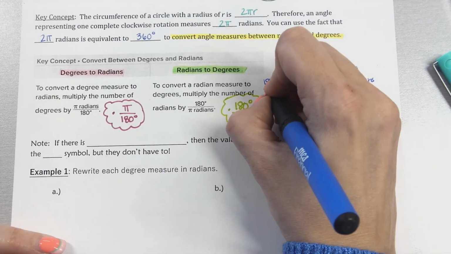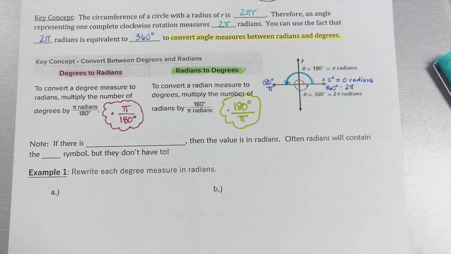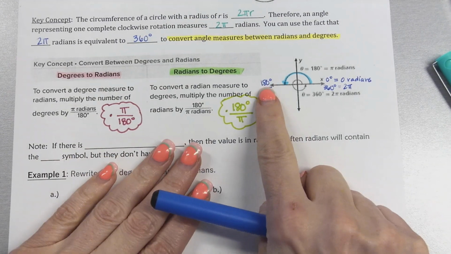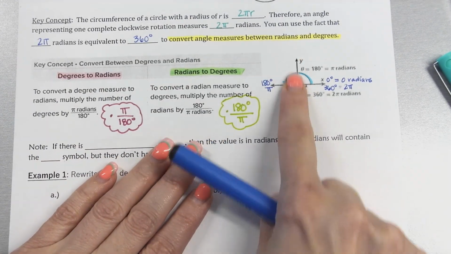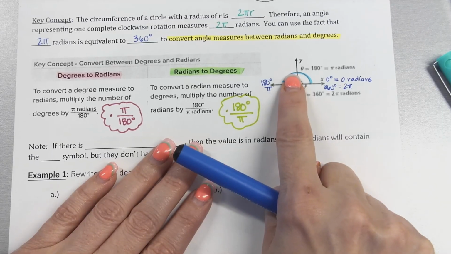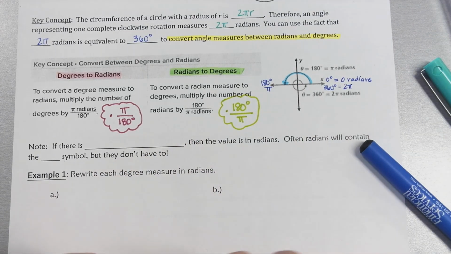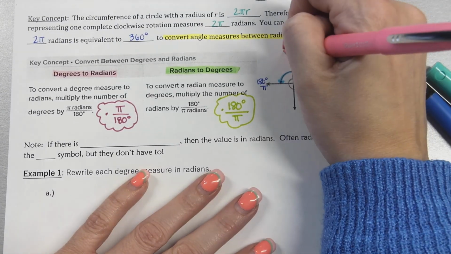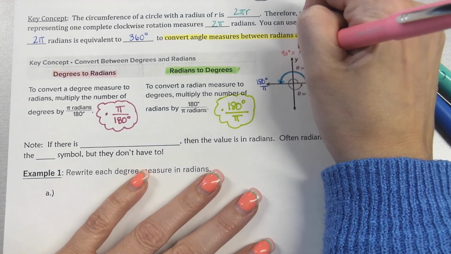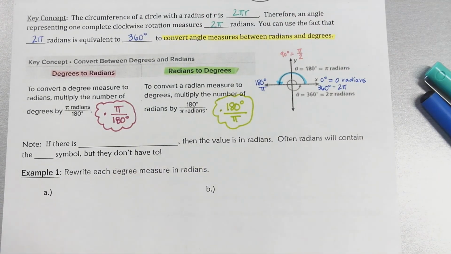Pi. And really, if we want to define half of this, isn't this half of it? If it was 90 degrees, can you guys tell me what the radians would be? Yeah, 1/2 pi, and the way that we would write that is pi over 2. So 1/2 of pi. 1 times the pi is what goes on the top. We'll become more familiar with those as we keep working with these.